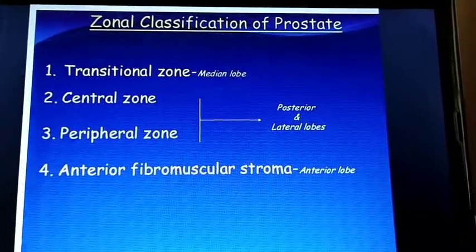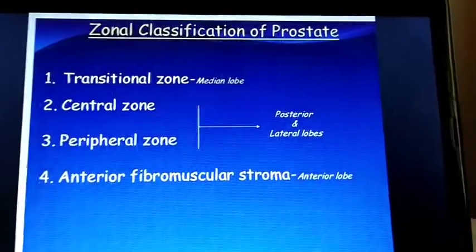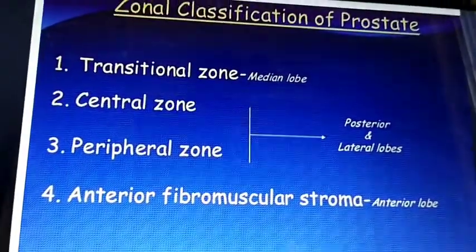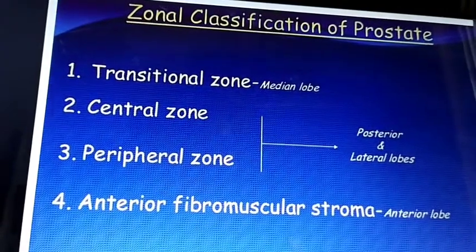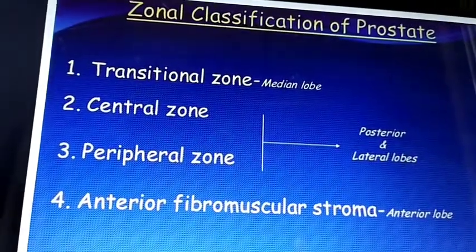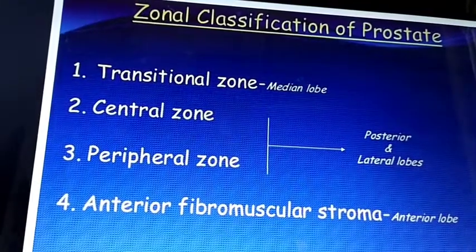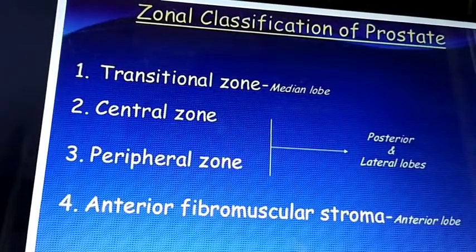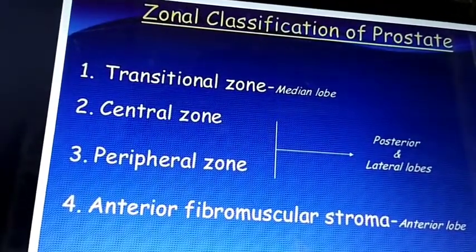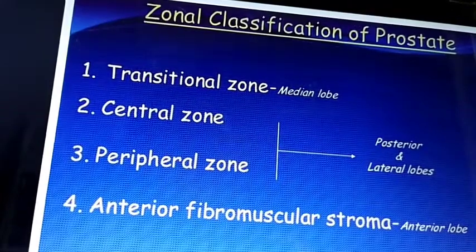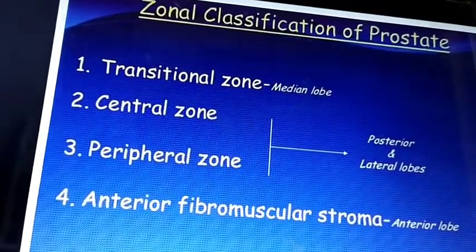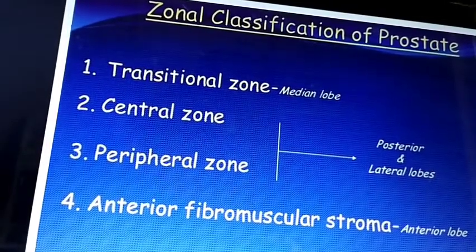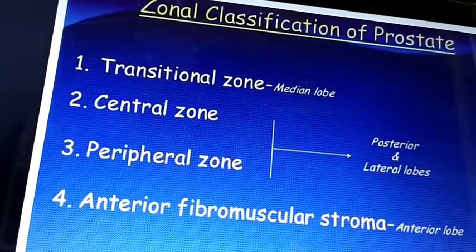You can understand here how we can compare the lobal anatomy with the zonal anatomy. The transitional zone is seen as the median lobe. Then the central and peripheral zones are seen as the posterior and lateral lobes. Then the anterior fibromuscular stroma or zone is seen as the anterior lobe.